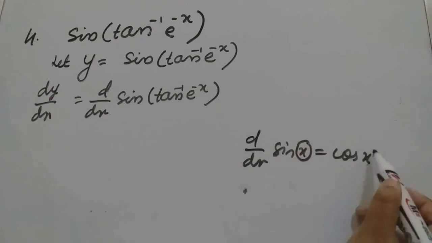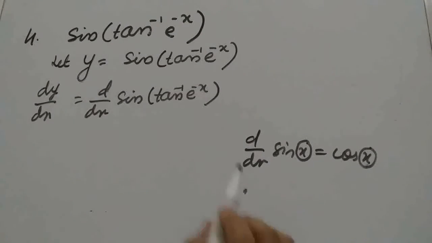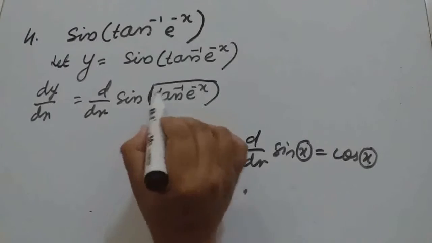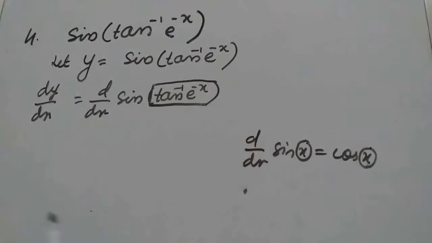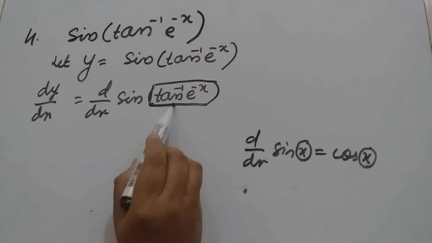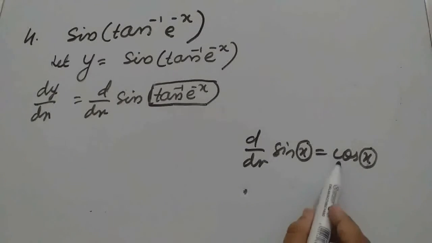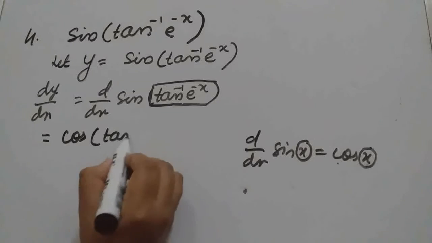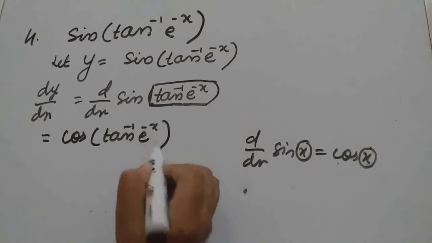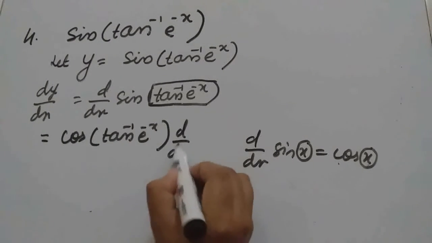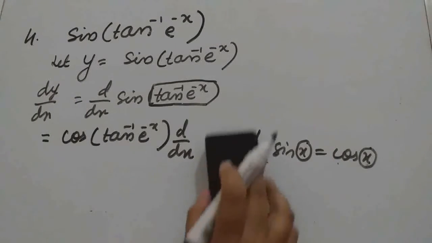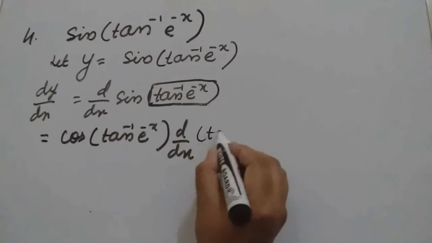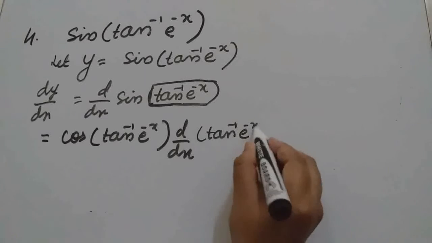So this angle is x, so here also x is there. Now we have a function other than x, so this will come under composite. So sine of this bracket will give the answer cos of this bracket. So cos of tan inverse e power minus x, then the derivative of this function which is other than x, the derivative of tan inverse e power minus x.